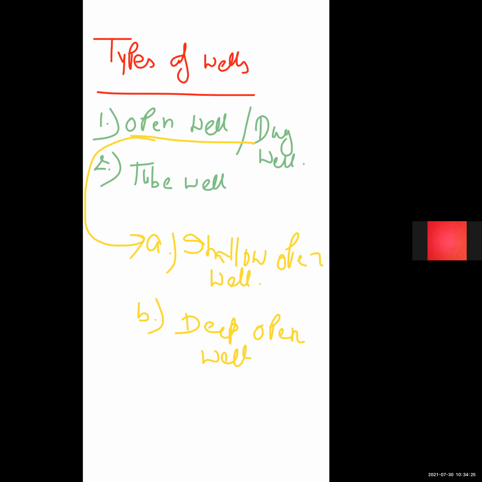The water is generally drawn from the dug well or open well by means of a bucket or a rope. Due to possible surface contamination of water in an uncovered well, and also the individual bucket adding contamination to the well, such open wells have been covered in many parts of India and fitted with a hand pump.